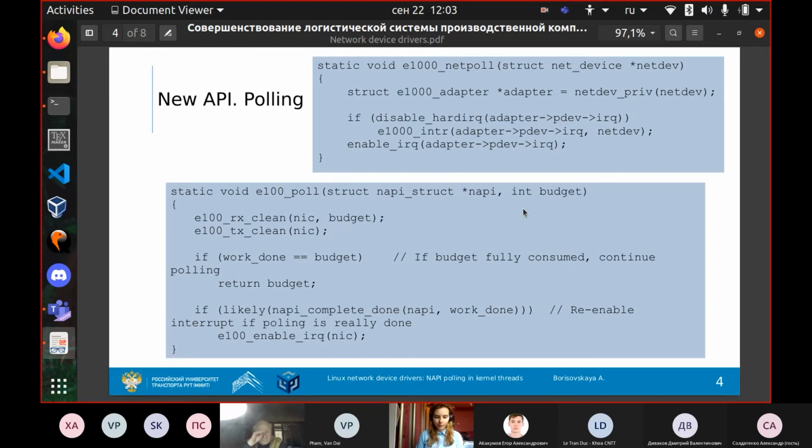A solution to the problem was suggested in 2001, and it was a new API, NAPI. The main purpose of NAPI is to reduce the number of interrupts generated while receiving packets. NAPI combines the interrupt mechanism with the polling mechanism.